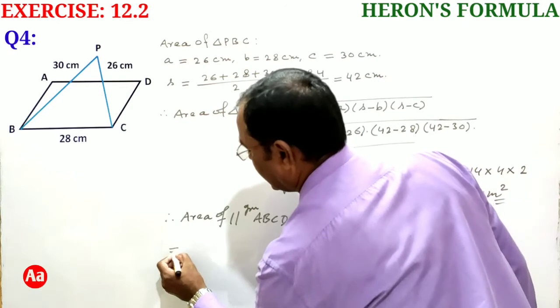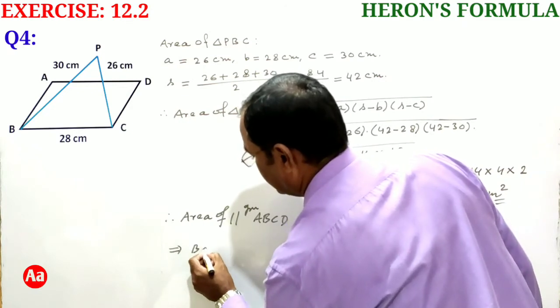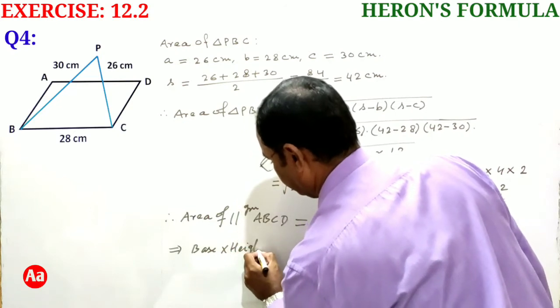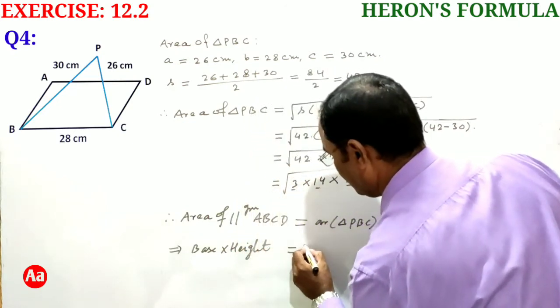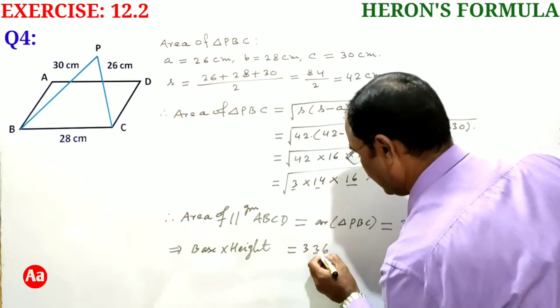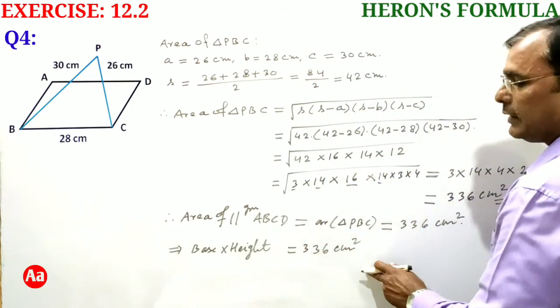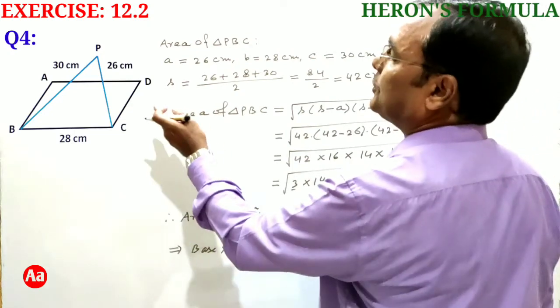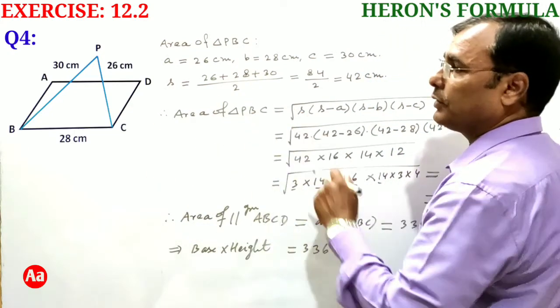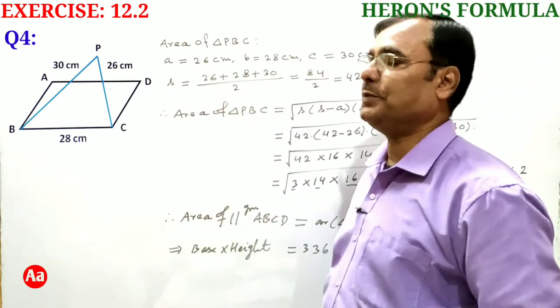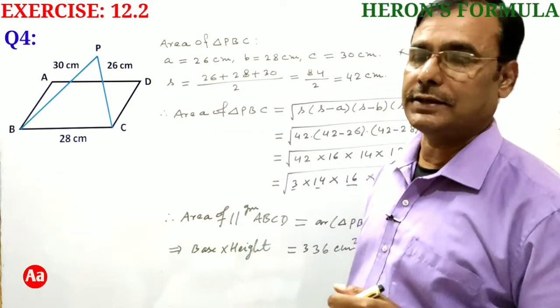So we can write base into height is equal to area of parallelogram, 336 centimeter square. Base of the parallelogram and base of the triangle both are the same, and that is BC, which is 28 centimeter.